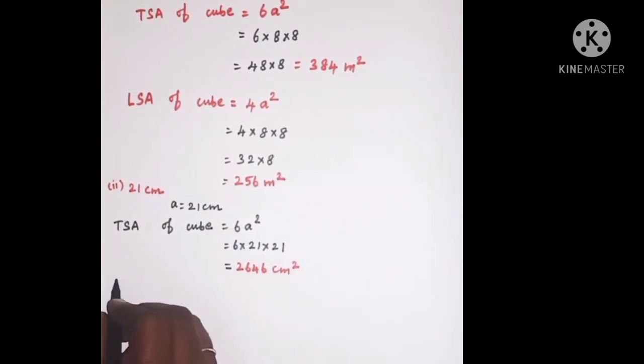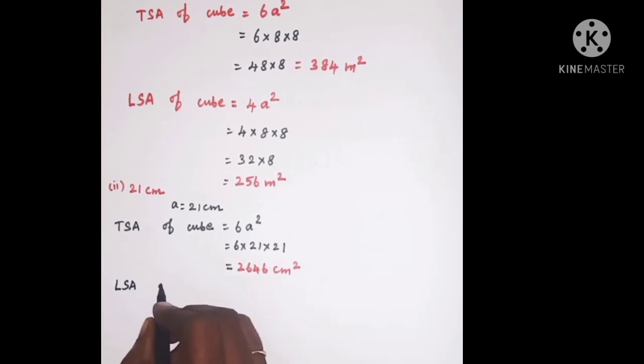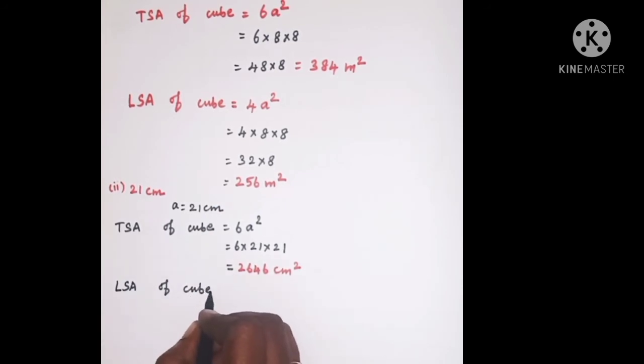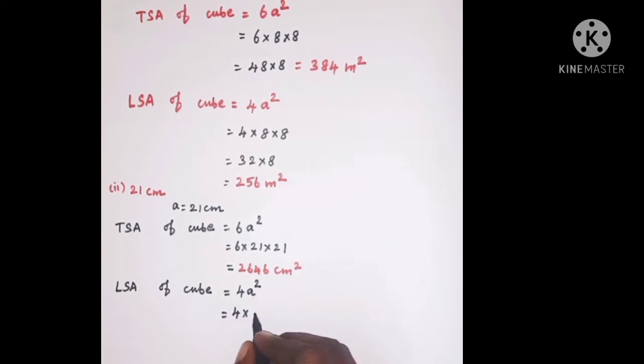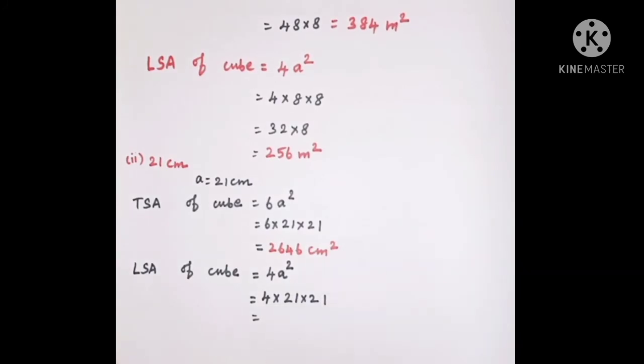Next, we have to find the lateral surface area of cube. The formula is 4a square. Now we substitute the value of a. a is 21, so a square is 21 into 21, which is 441.